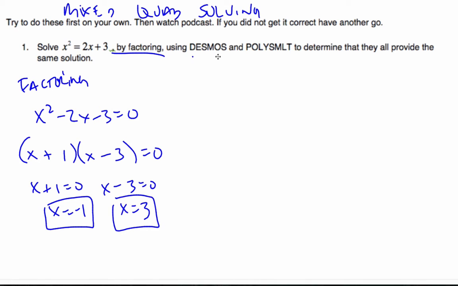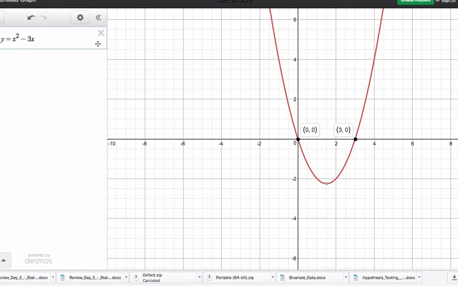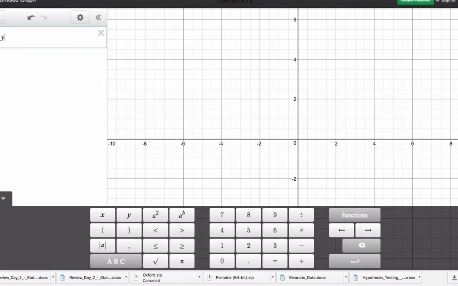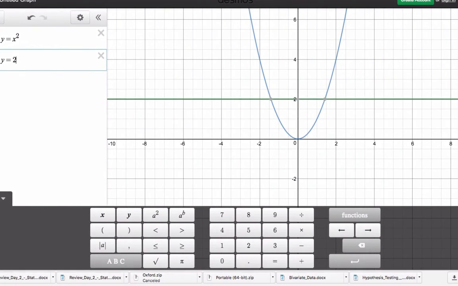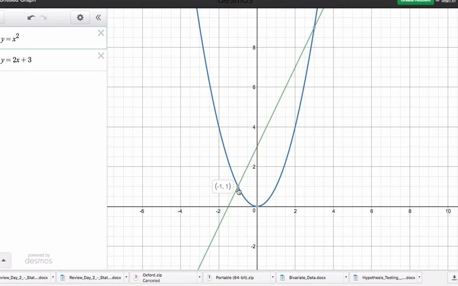Now, I want to use Desmos and also polysimultaneous. So using Desmos, I'm going to throw this equation in. Desmos says y equals x to the power 2 and y equals 2x plus 3. I can quickly see here is one point, here's another point, negative 1 and 3.